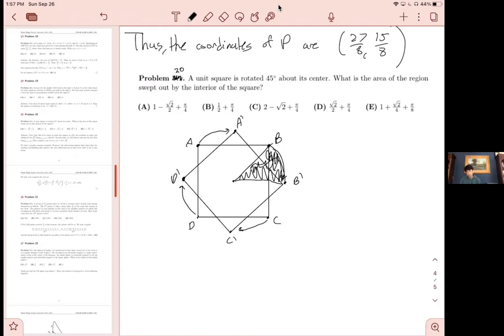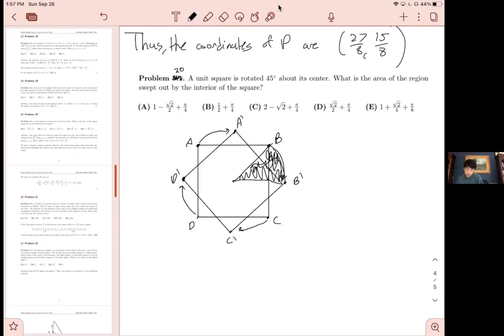Between B and B prime, the farthest out you can get is square root of 2/2, because that's the farthest away from the center of the square you can get. And all of that is achieved as B passes through. And it's the same for C to C prime, D to D prime, A to A prime, all of those arcs.